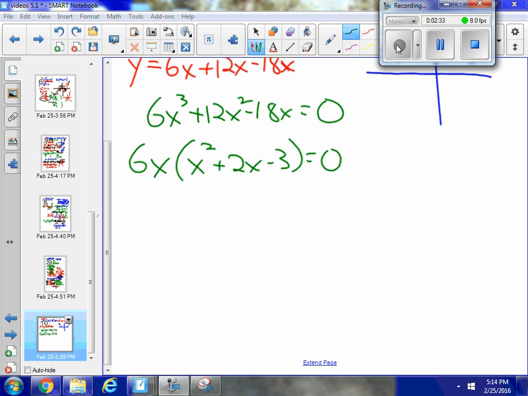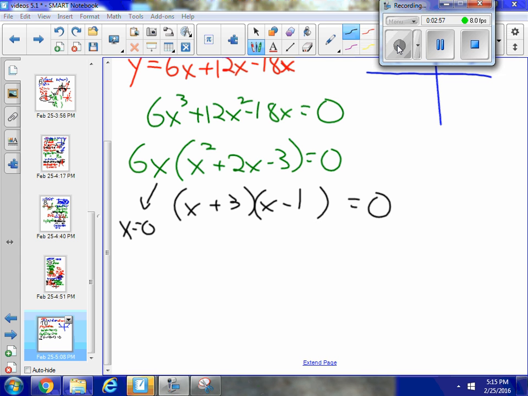So I'm trying to find out where it equals 0. I can tell right away that when x equals 0, that's going to make this whole thing equal to 0. And if I factor this, I find that I have x plus 3 and x minus 1.